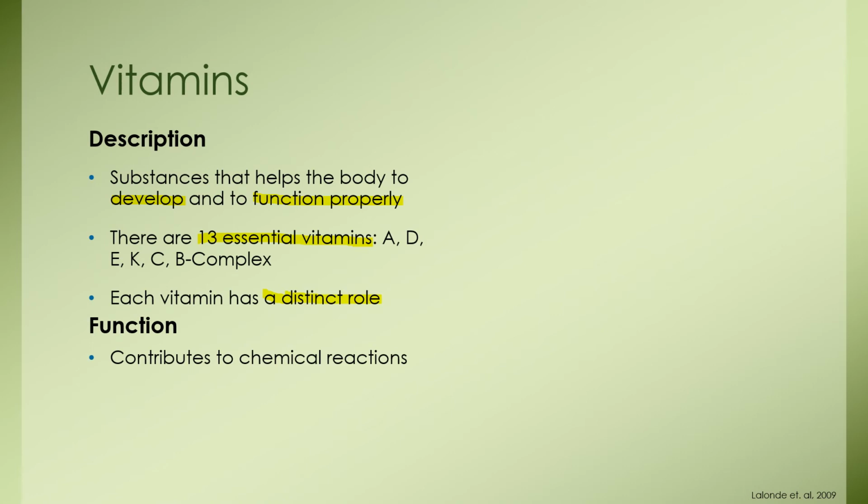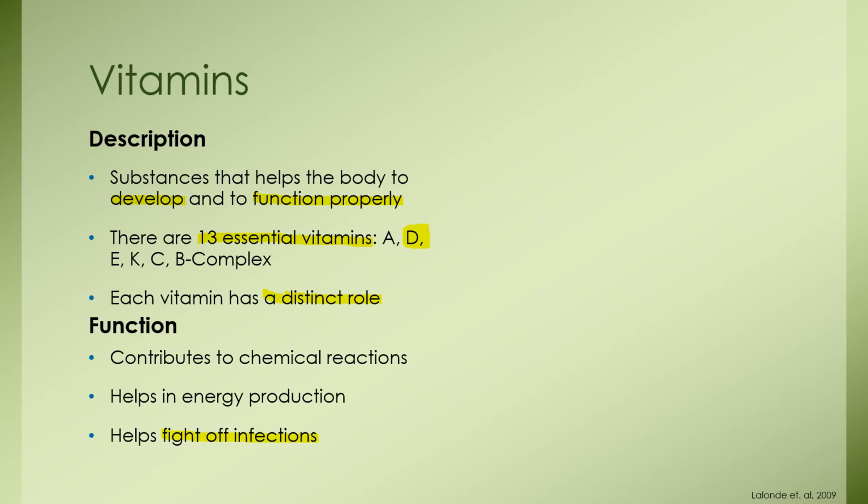The function. They contribute to chemical reactions. So the vitamins are needed to do a chemical reaction, and they help in the energy production as well. And they are really important to fight off infections. So especially nowadays, vitamin D is really important for your immunological system to protect you against the virus.